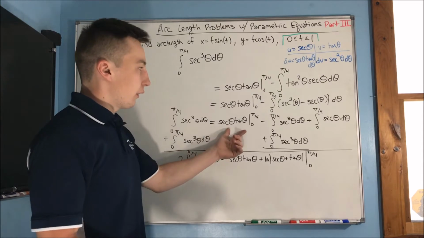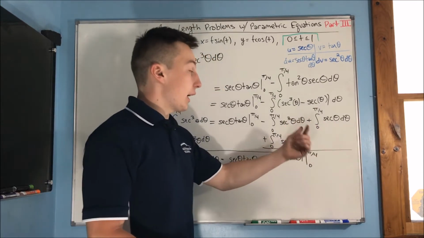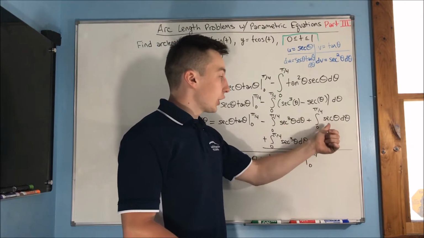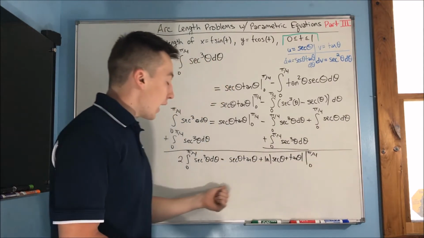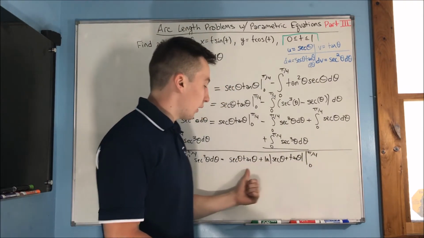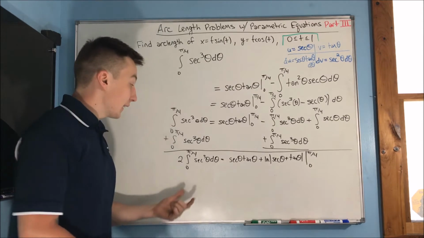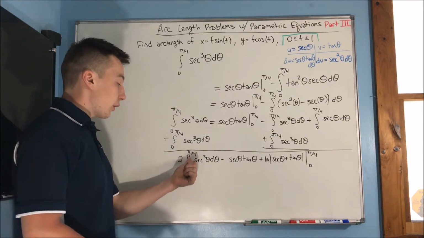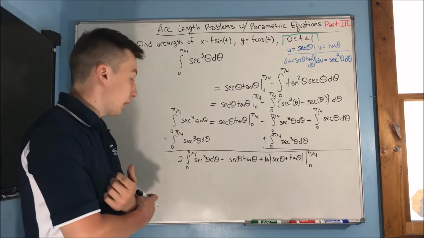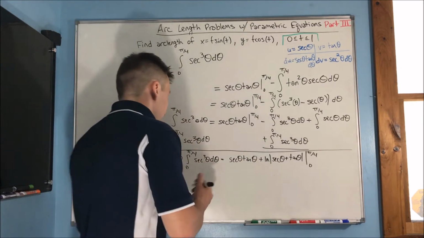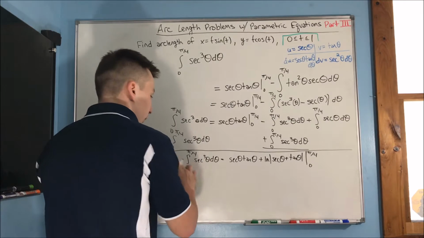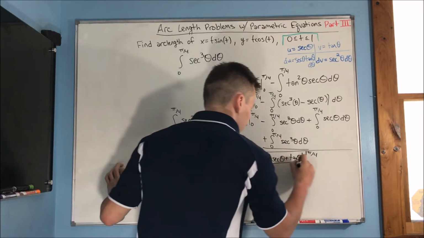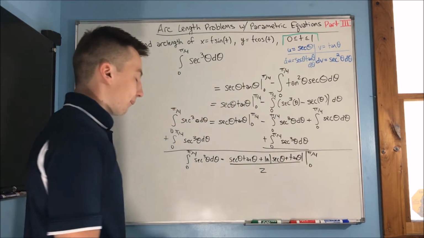All I did for the secant theta piece was integrate it, and since this is also going to be evaluated from 0 to pi over 4, I just stuck the evaluation on the outside of everything. Now, the last thing that we need to do is divide by 2 on each side so we can get the answer to the integral from 0 to pi over 4 of secant cubed theta d theta. If we just divide by 2, we'll get something like this.